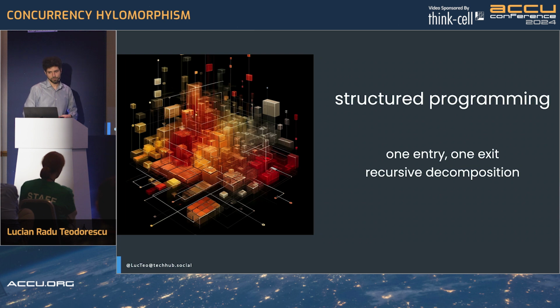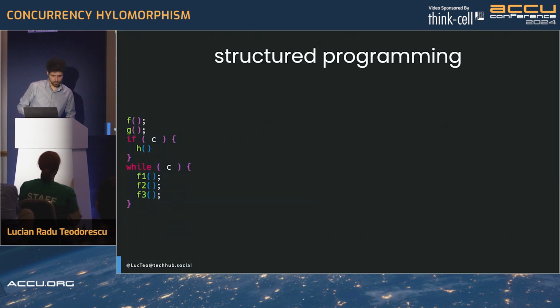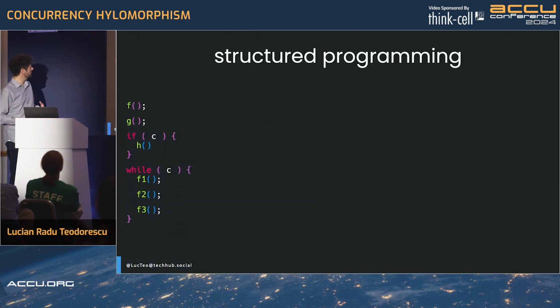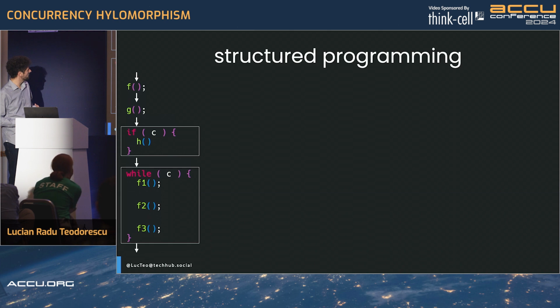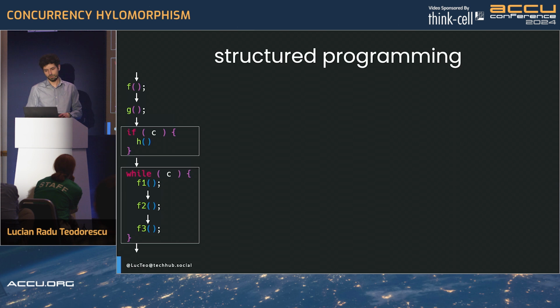Everything is built up of these principles. So in code, you see that everything has the same structure, right? You have an input and an output. Everything has the same shape. Even the ifs and the whiles have the same shape. And inside the whiles, you have things that have exactly the same shape, right? So it's that conservation of shape, that symmetry of shape, to refer to Victor's talk.